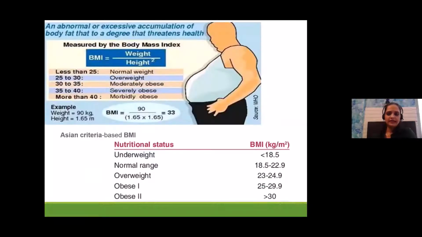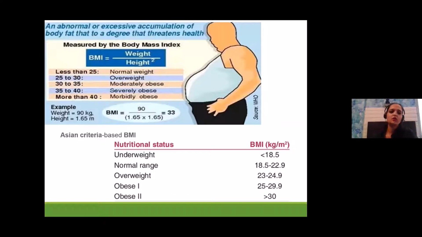Now, a little deeper look at what BMI would say. The WHO has recommended that anything more than 30 would be considered as obese category. 30 to 35 would be moderately obese, 35 to 40 would be severely obese, and more than 40 would be morbidly obese.